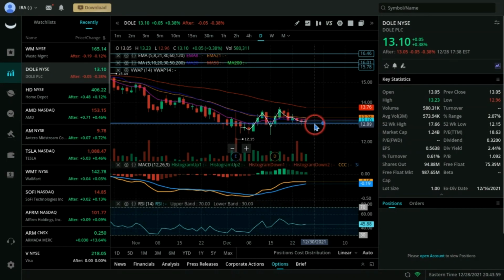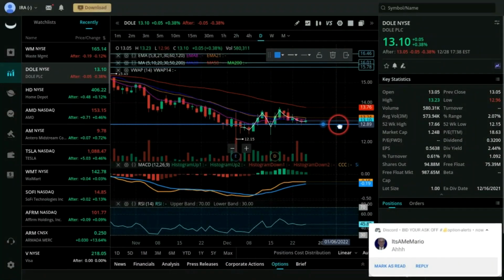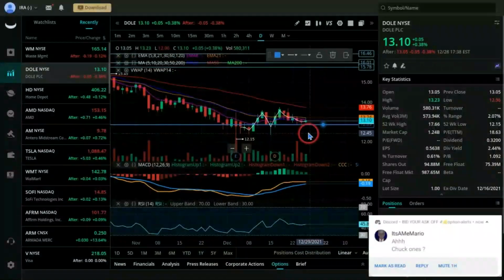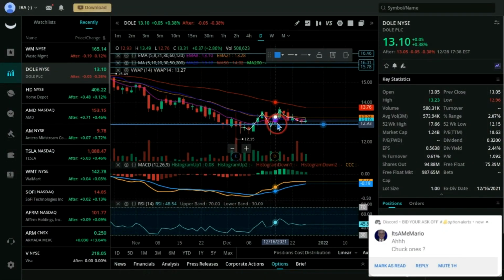We could probably bring that down just a tad bit to get some support around in this area. So get just below that candle right there where it opened at. So we have support right here, we have support right there, we have support right there, support right here.